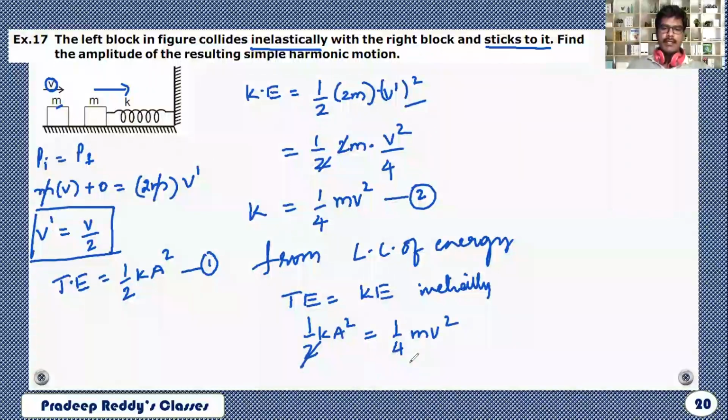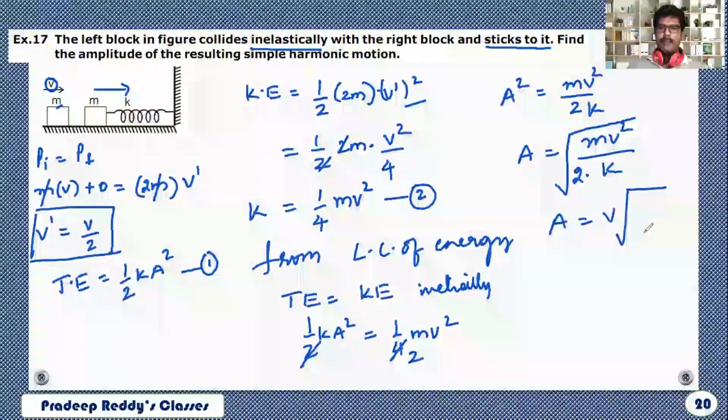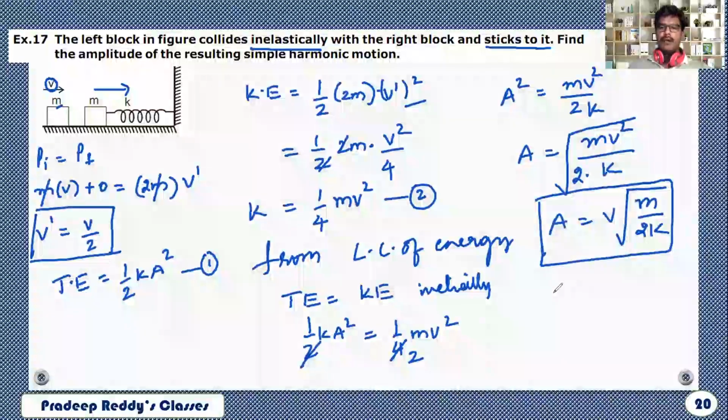From here, you can cancel this 2, and a square is equal to m v square divided by 2k. A is equal to the square root of m v square divided by 2k. You can take v out, so A is equal to v times the square root of m divided by 2k, where k is the spring constant of the object.